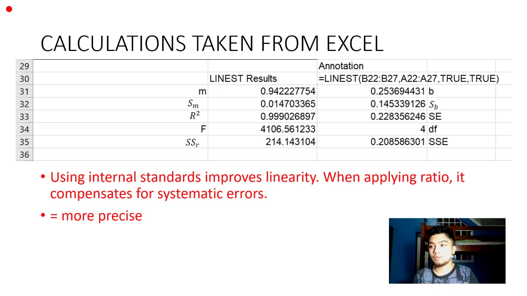When we divide both of the values, it becomes more precise. It becomes closer and closer to the linear line. That's why we can see that the regression is equal to 0.999, which is better than the previous regression for the intensity of potassium emission.